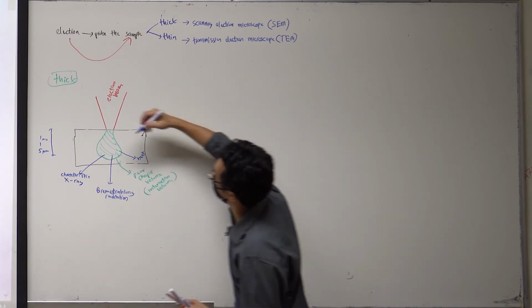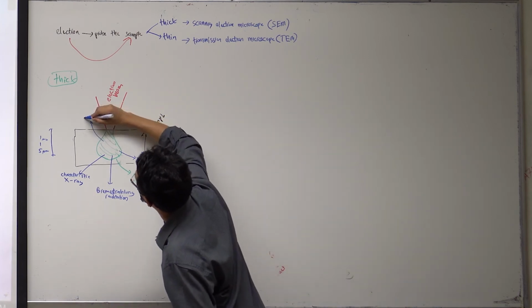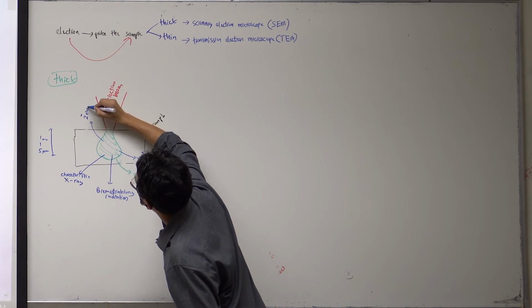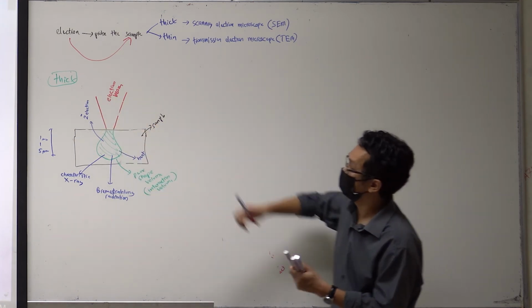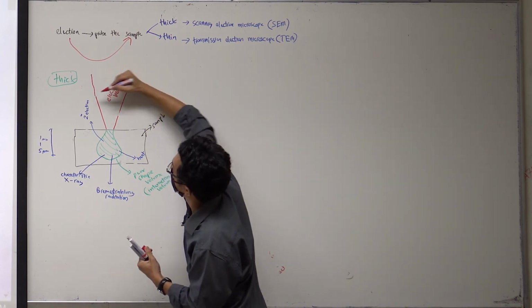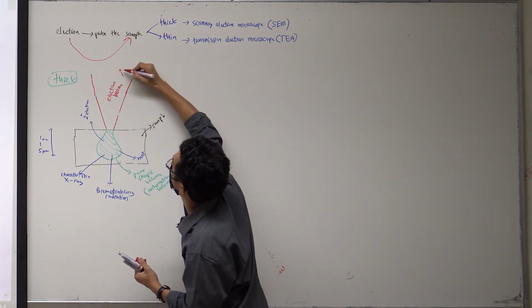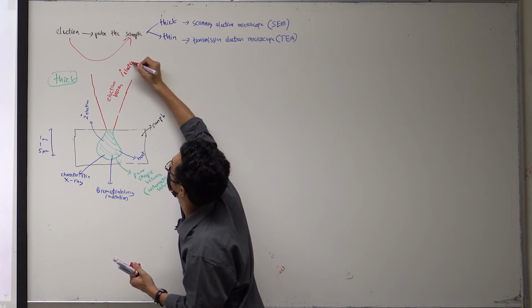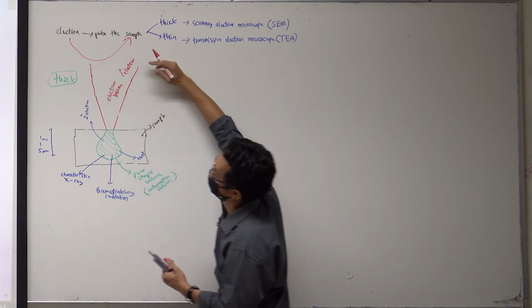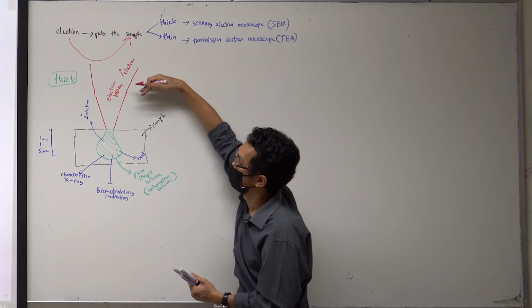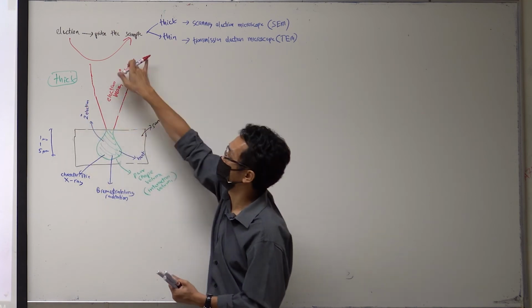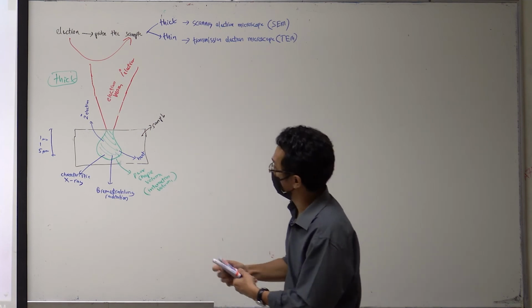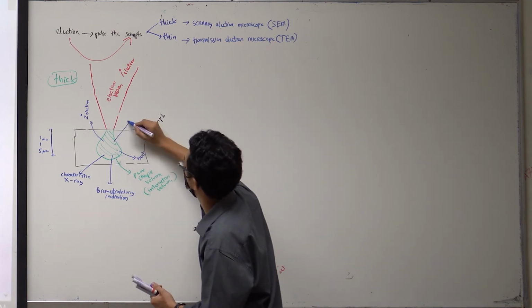It can also give you secondary electrons. Normally when you shine the electron beam, this is what we call the primary electron, meaning the electron coming from the beam. You might ask, secondary where is primary? Primary is this. And you can also have backscattered electrons.